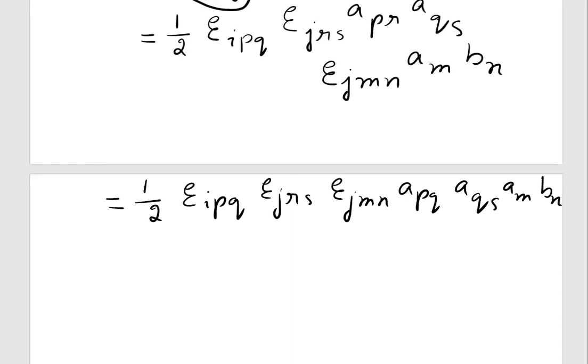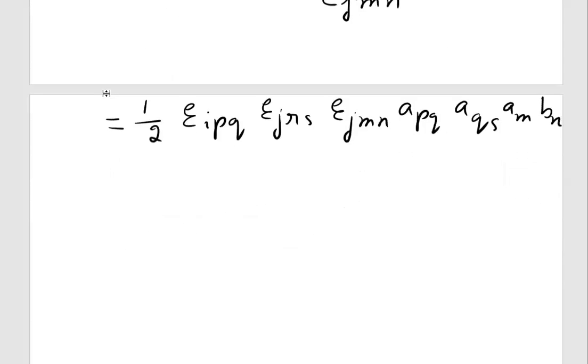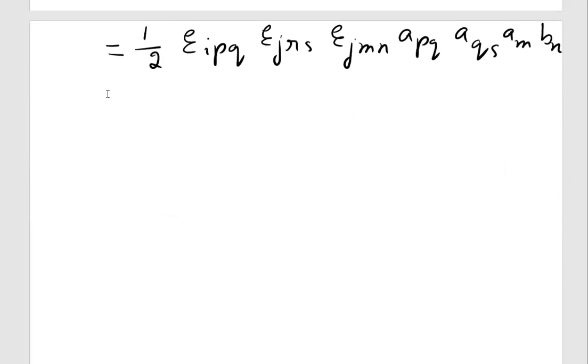Now look at the epsilons and also look at their suffixes. Is there any common suffix so that we can use epsilon delta identity? That we'll check. We have i, p, q, j, r, s, j, m, n. We can easily see that j is dummy here.